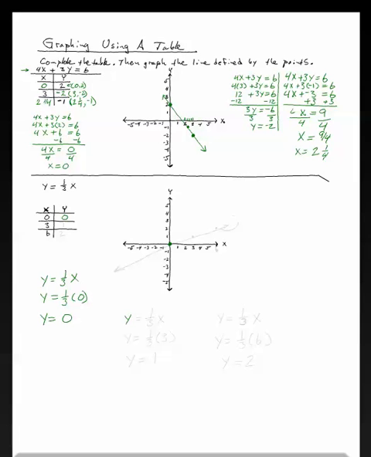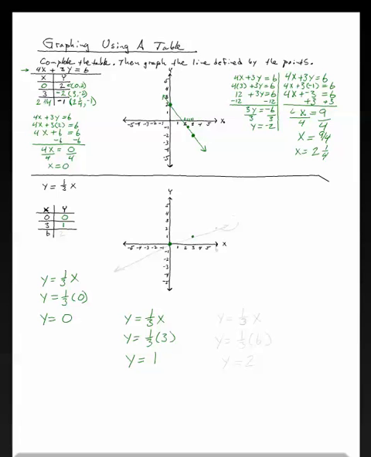So then we start with the equation again, y equals 1/3 x. Our next one is x equals 3, so y equals 1/3 times 3. 1/3 times 3 means 1/3 of 3, which is 1. So when x is 3, y is 1. So we go to x is 3, y is 1.